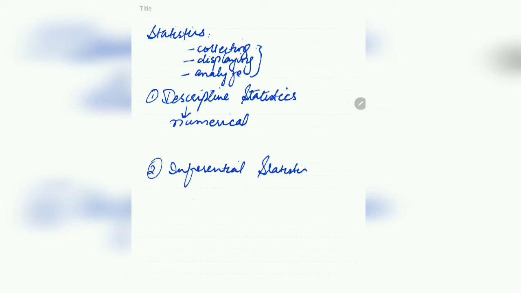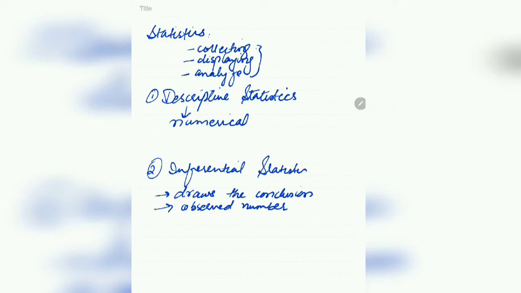While inferential statistics is basically about drawing conclusions from the observed numbers, and it makes inferences mostly about the population from which the data is collected.